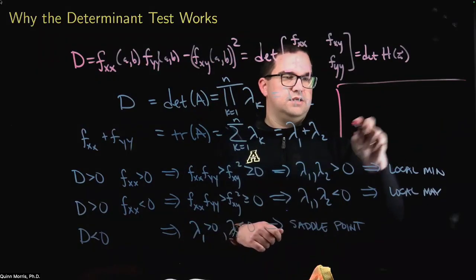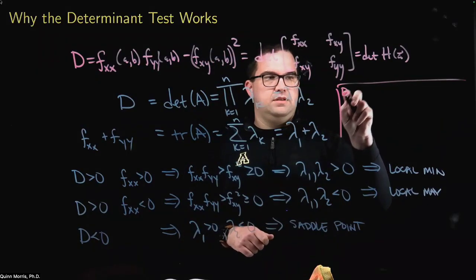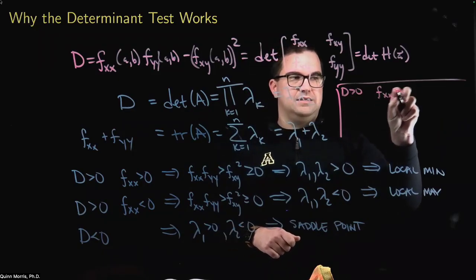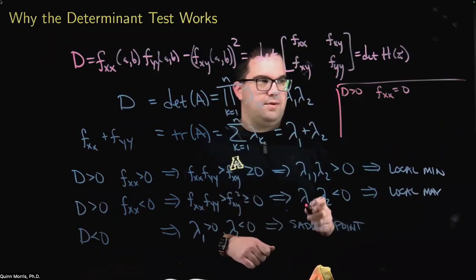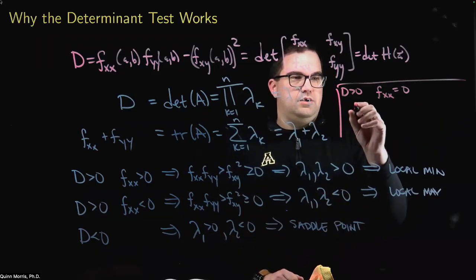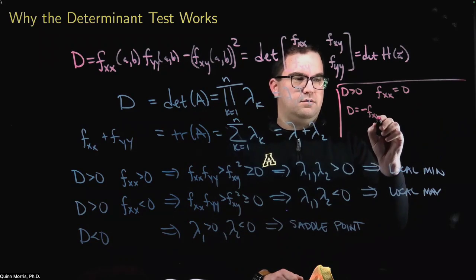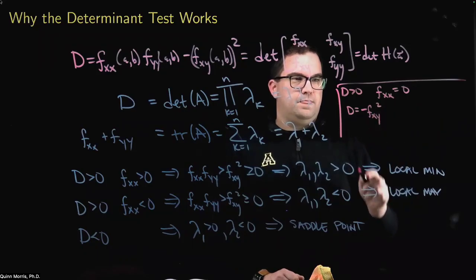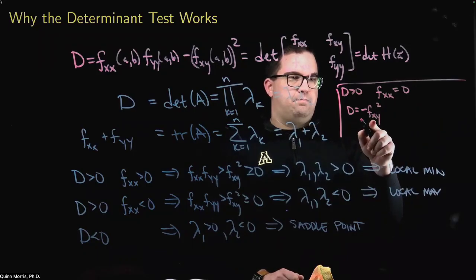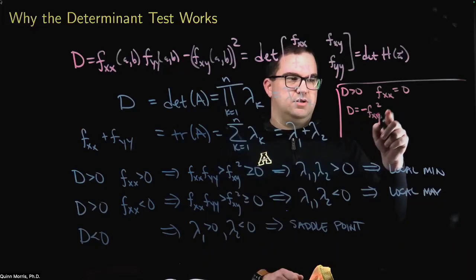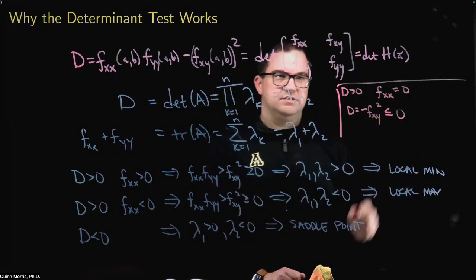Let me sketch this out here. So if D is greater than 0 and fxx is equal to 0, okay, we want to think about what that would mean. So you would say, okay, the determinant is then just going to be minus fxy squared. This has to be positive though, so I have a contradiction because this is always less than or equal to 0.